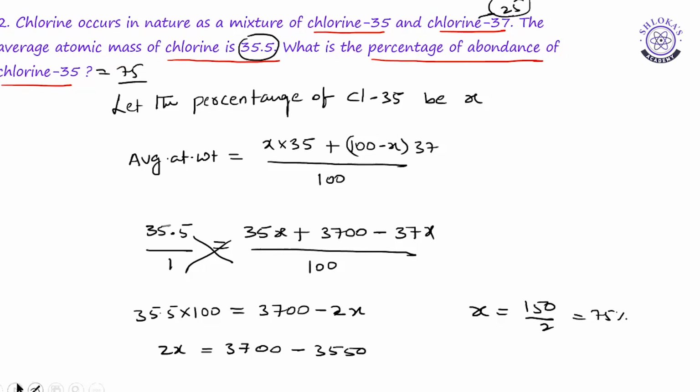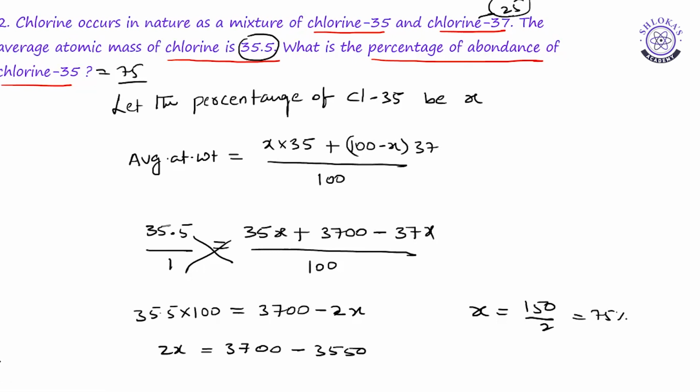So this is how we can find out the average atomic weight. Without applying this formula, I will go with one shortcut method. The shortcut technique is very important. What is the shortcut technique? It is very simple. How many isotopes do we have?